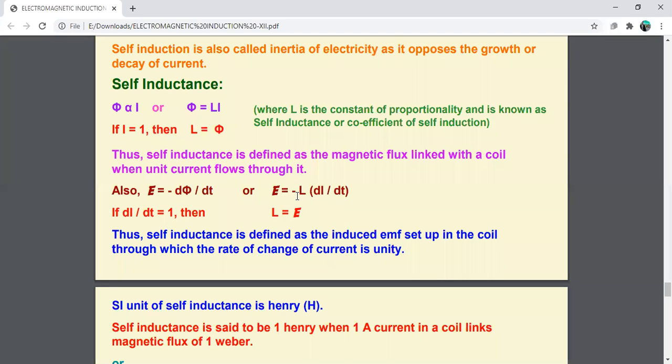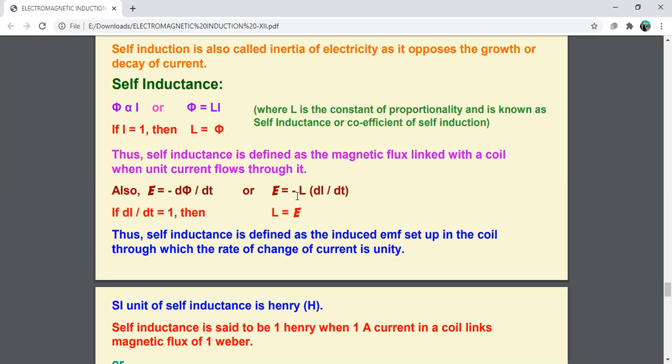The minus sign indicates that whatever EMF is supplied to the coil, the induced EMF will be opposite to the supplied EMF, and hence this induced EMF will not contribute to the current or voltage provided to the coil or circuit.